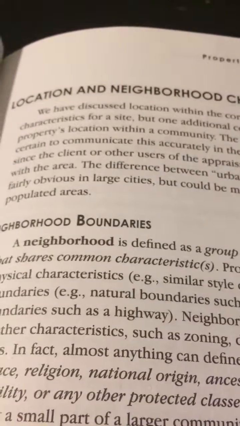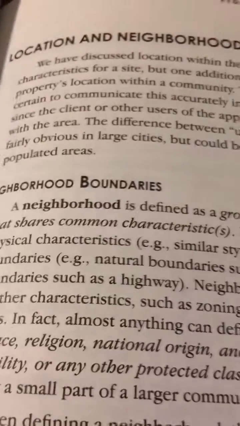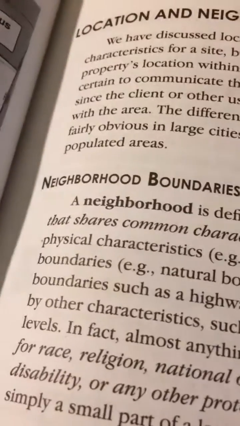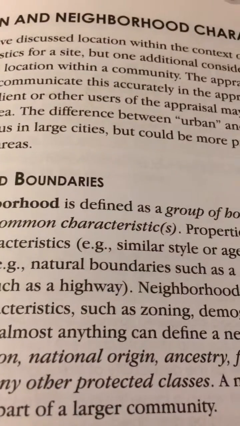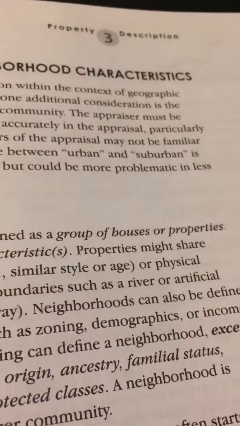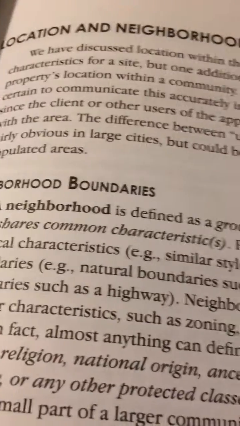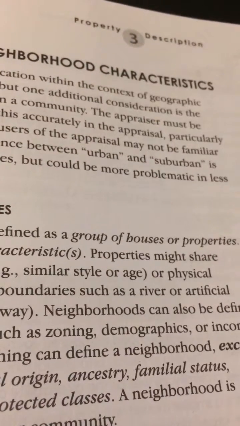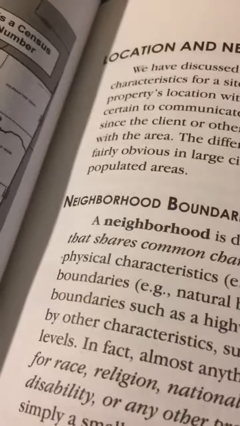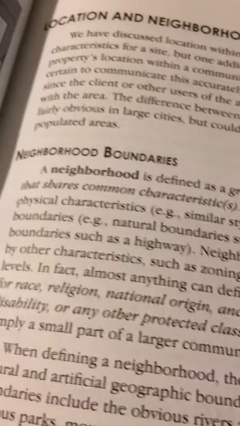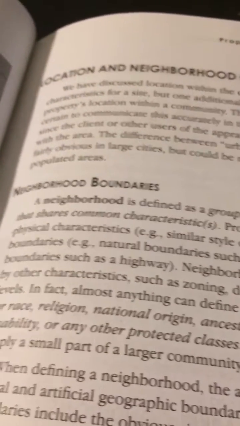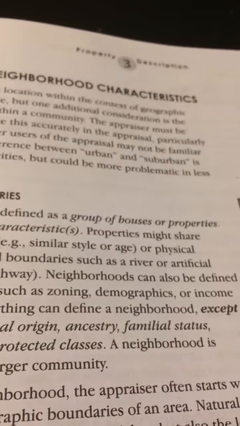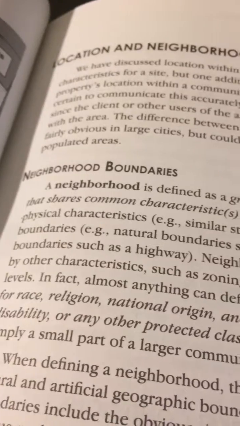Neighborhood boundaries. A neighborhood is defined as a group of houses or properties that share common characteristics. Properties might share physical characteristics, for instance, similar style or age, or physical boundaries, for instance, natural boundaries such as a river or artificial boundaries such as a highway.